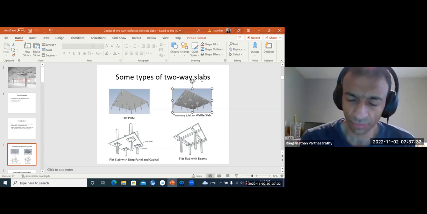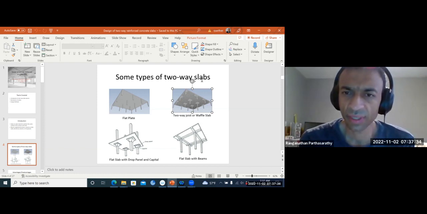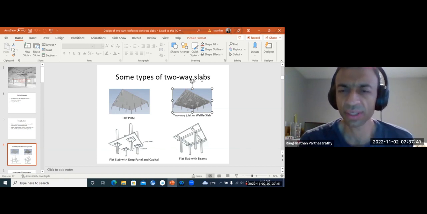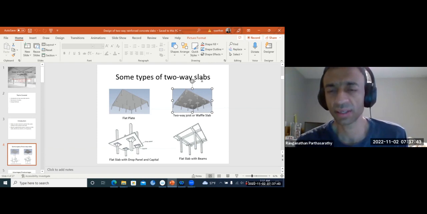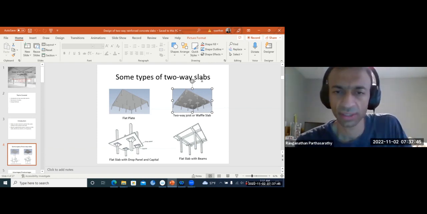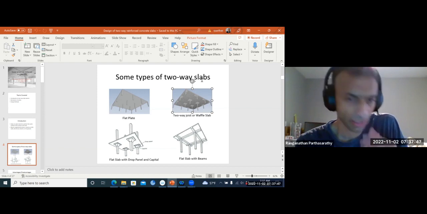So that is a waffle slab, and above each of the columns there is some part where the concrete is filled in. This is again to ensure resistance against punching shear.